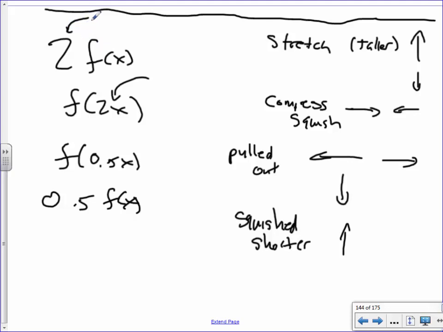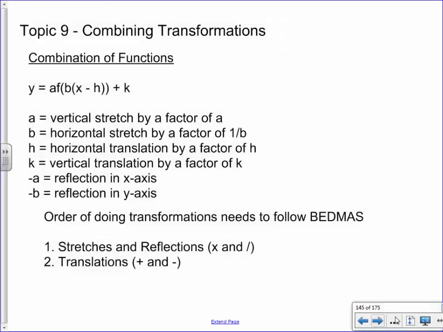Does that make sense? Okay. Let me go through my notes for the day then. Today, basically, we're going to take all of those transformations and put them together. So rather than doing them one at a time, we're going to do 3 or 4 of them at once. Here's all the different possibilities, and there's a lot of different brackets. This A sitting on the outside is what causes things to stretch up.